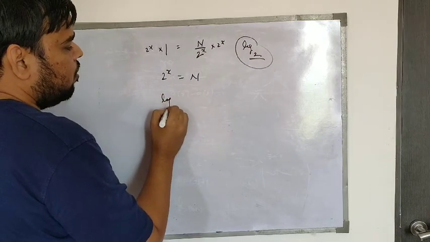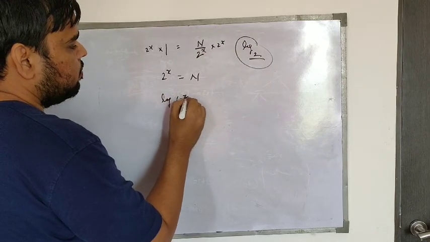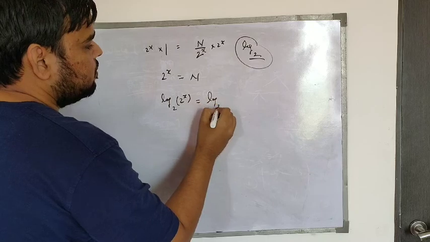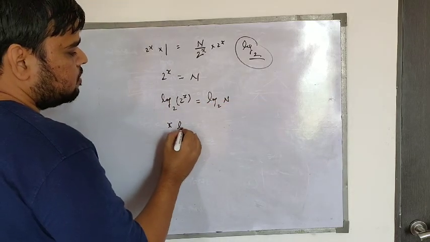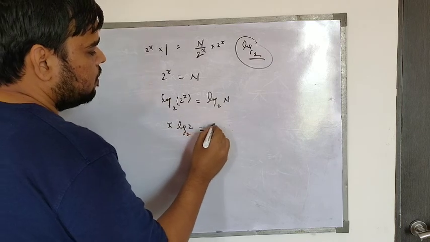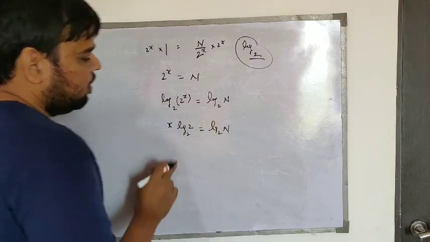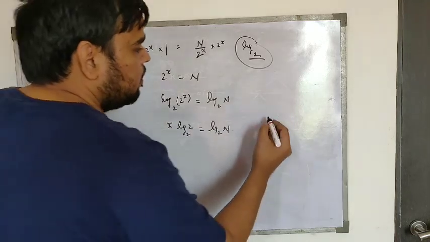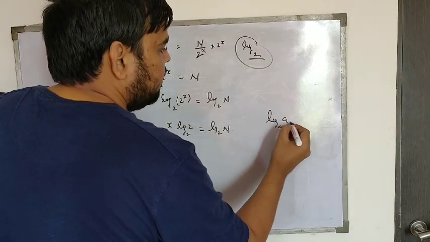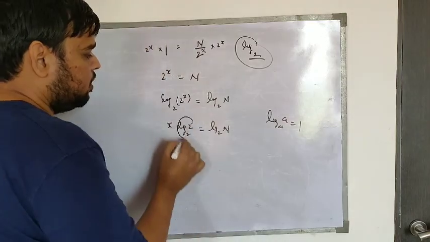So it will be log base 2 of 2 to the power x, and log base 2 of n. Now x will come in front, so x times log base 2 of 2, and log base 2 of n. You know that in the logarithm formula, log with base a of a is always 1. So this will be 1.